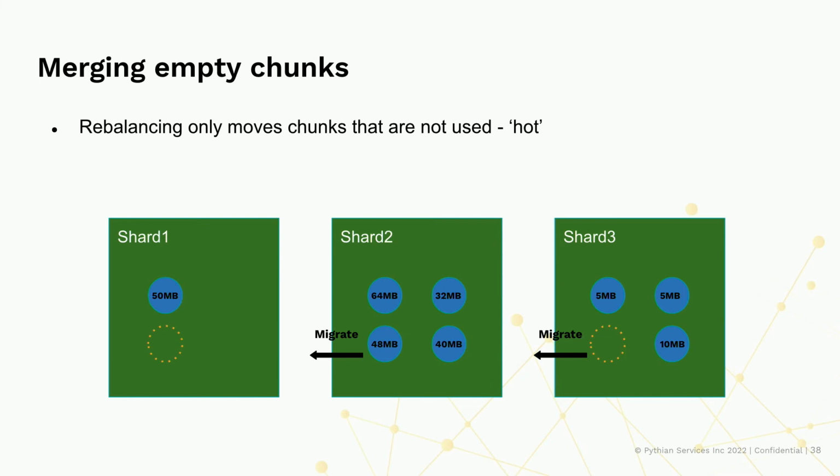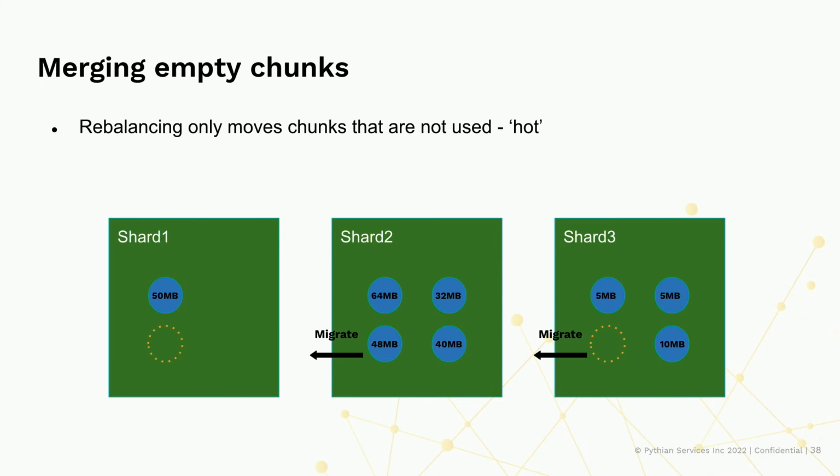The problem is when the balancer starts the migration, internally in the algorithm it will make a decision to move a chunk that is not being used. If shard 2 has all of the chunks that are being used by inserts and updates, those chunks are considered to be busy.